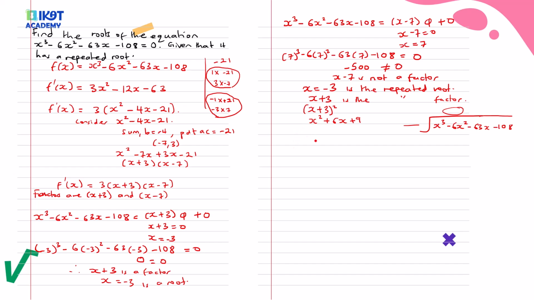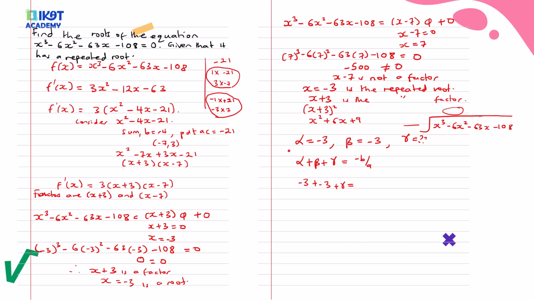Now I want to give us another way. For the roots, we have alpha equals negative 3, and beta equals negative 3 since it's a repeated root. Then gamma is what we don't know. But you know that for a cubic equation, the sum of the roots is negative b over a. Here, negative 3 plus negative 3 plus gamma equals negative b.